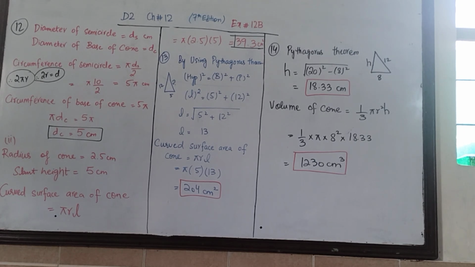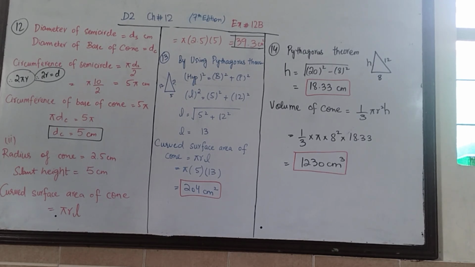Here you have to find the circumference of a semicircle. For a semicircle, you will do 2 pi r divided by 2.